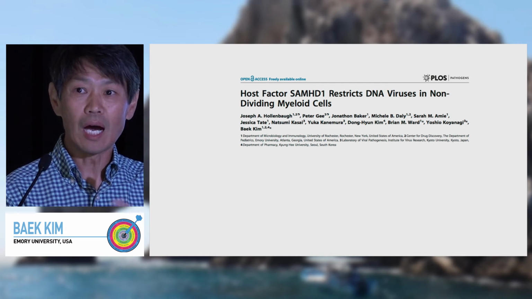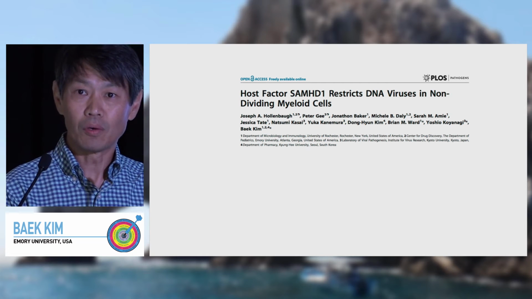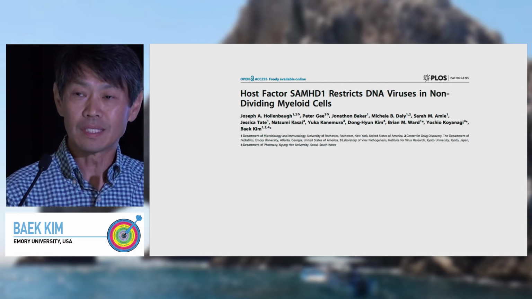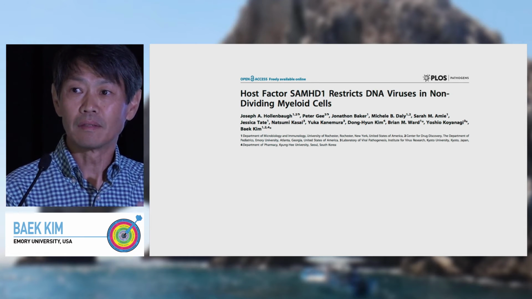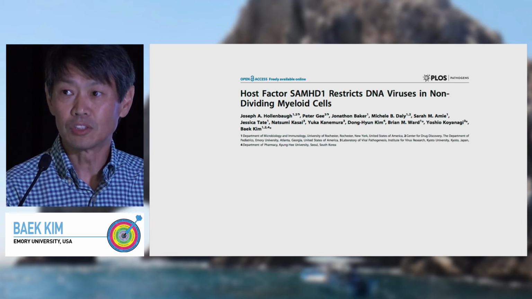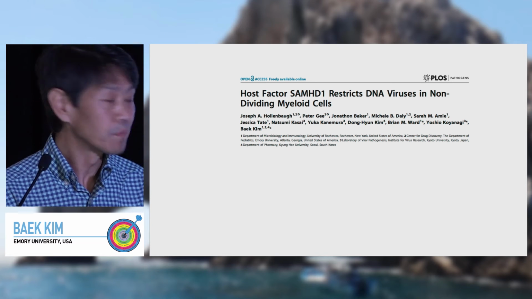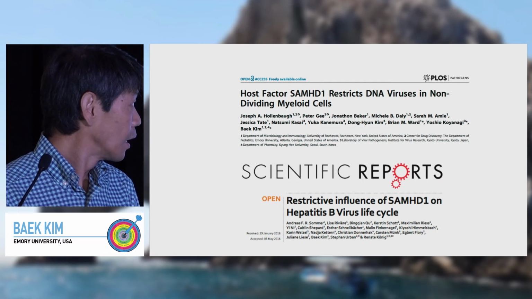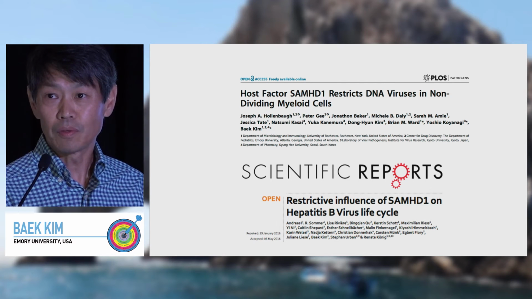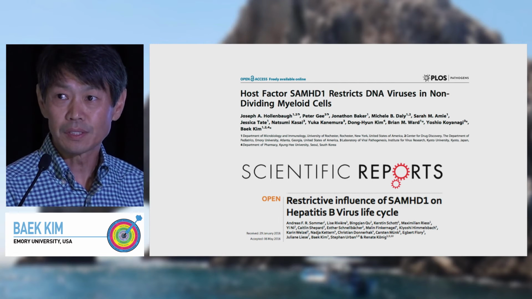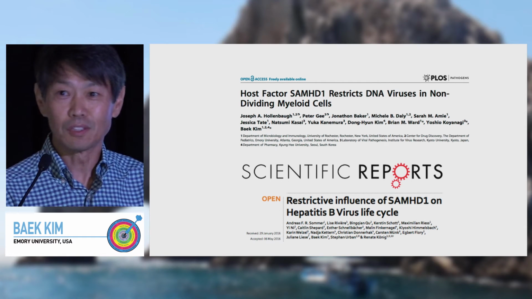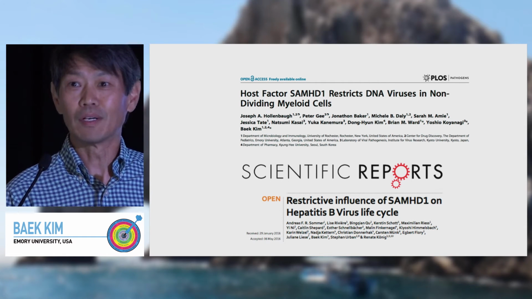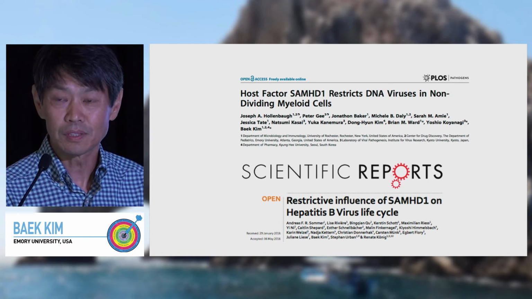So you can see there is an arms race throughout evolution between the host and myeloid-cell-infecting pathogens, competing for the building blocks of their genome, which is dNTP. A few months ago, we also reported through collaboration that SAMHD1 controls hepatitis B virus, obviously because Hep B requires dNTP during reverse transcription in liver cells.